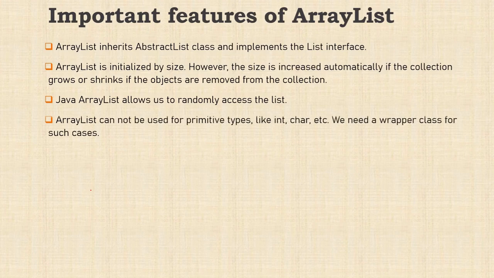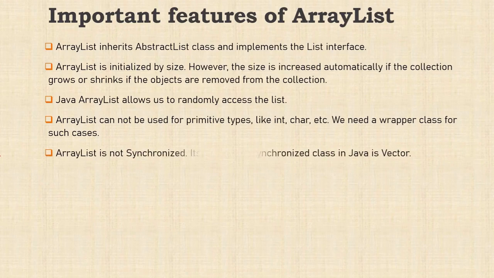A list can't be used with primitive types like int, char, etc. We need wrapper classes for such cases. So we can use Integer, Boolean, String; all the wrapper classes can be used in ArrayList, but we can't use primitive types like int and char.